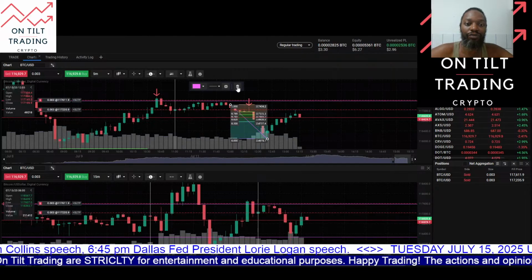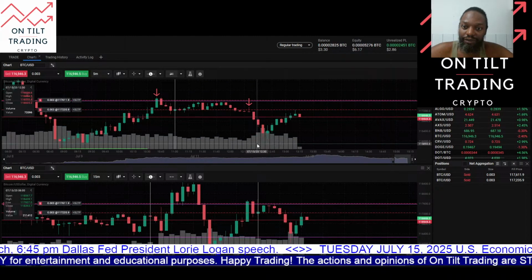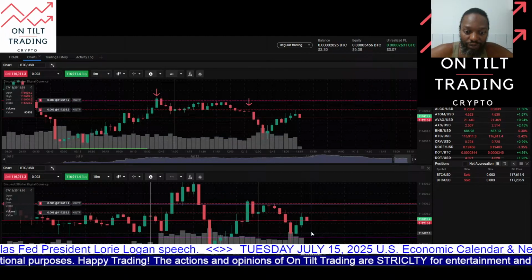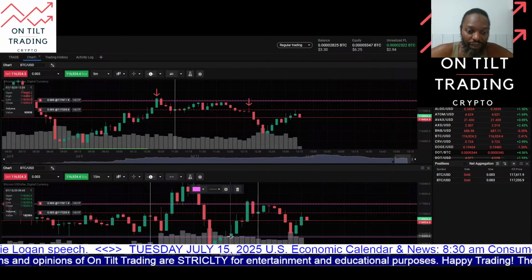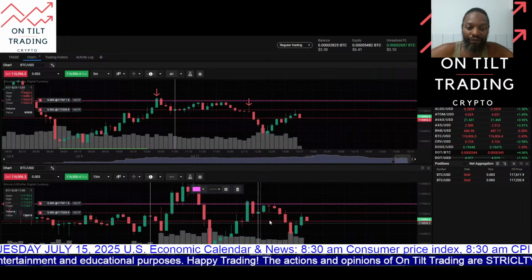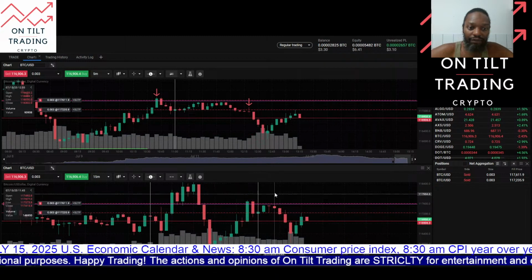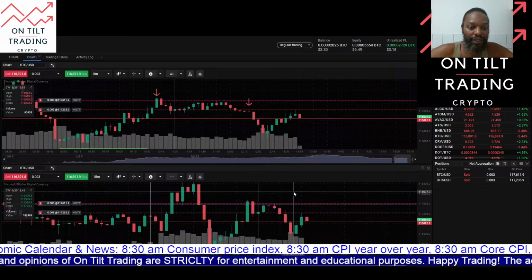Putting it up and using it and then taking it off is going to be more of what I'm apt to do, as using just basically two lines to envelop the range is going to work better for me visually. Just keeping it very simple, and then I'm always aware of what I'm looking at.